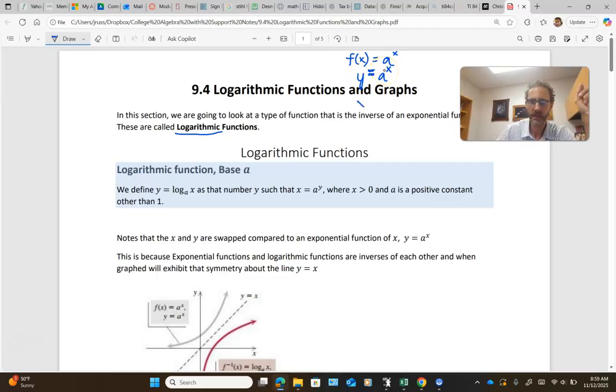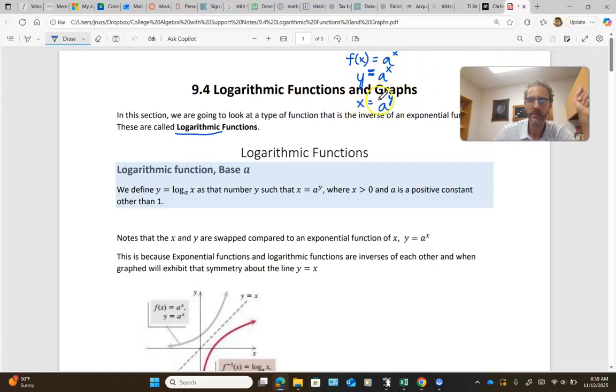And so if you did that, you'd have x is equal to a to the power of y. So the x and y trade positions, and so now y is an exponent, whereas previously x was the exponent.